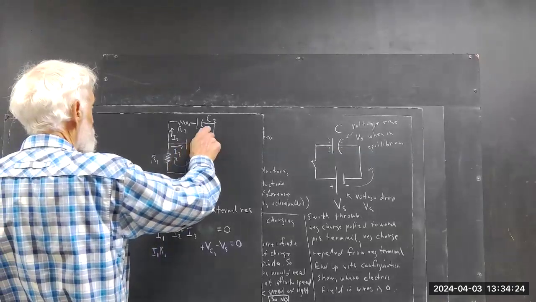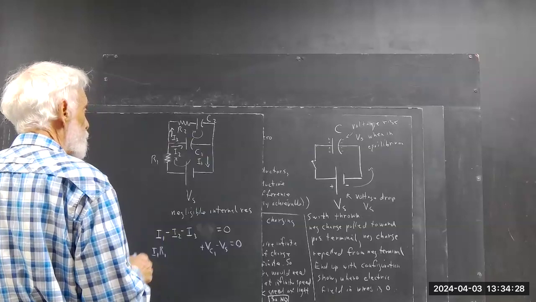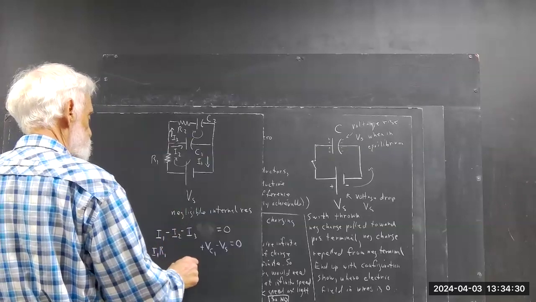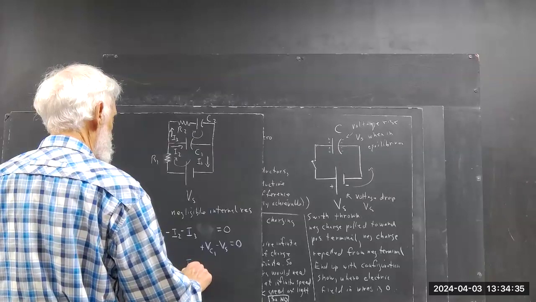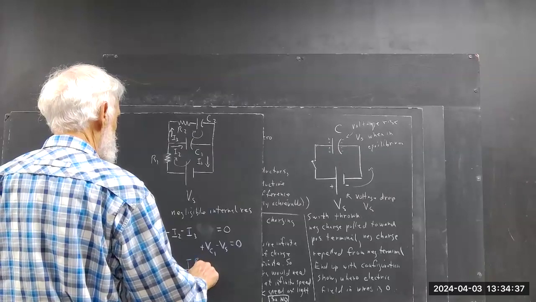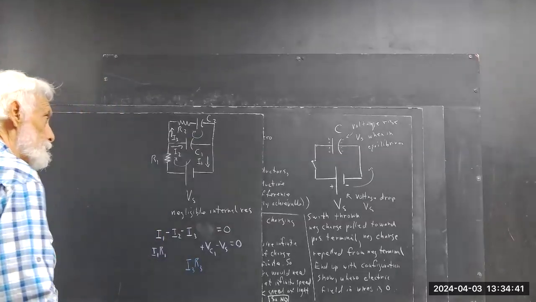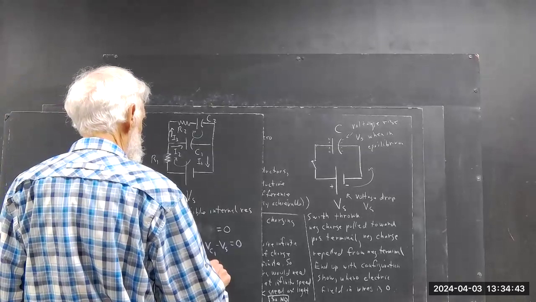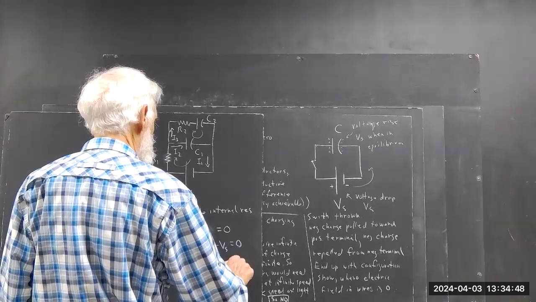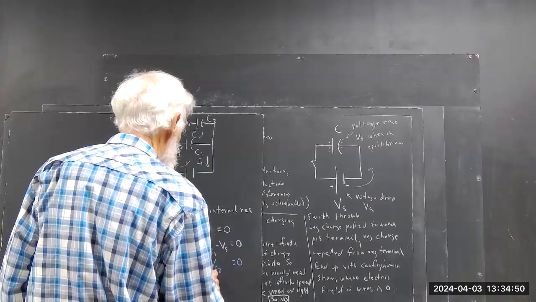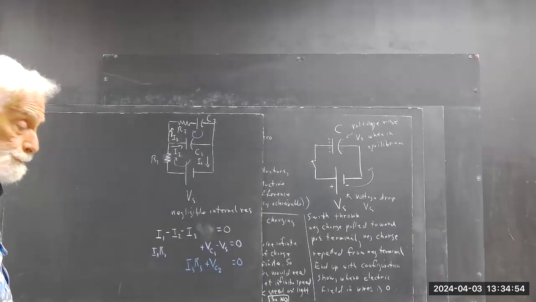Now for this one, we have I3 R3 plus the voltage across capacitor 2 equals 0.